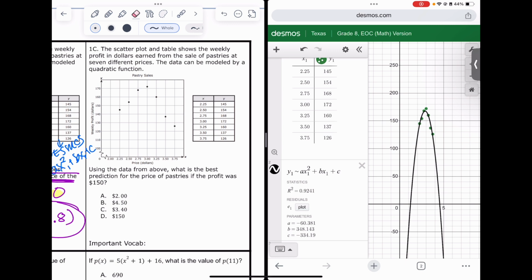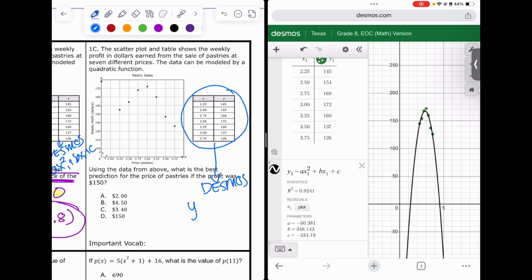Again, we have the same type of question. So remember, we would have put this in Desmos, and we would use the y1 squiggly line, ax1 squared plus bx1 plus c. Now, if I read the question, it says, using the data above, what is the best prediction for the price of pastries if the profit was 150?